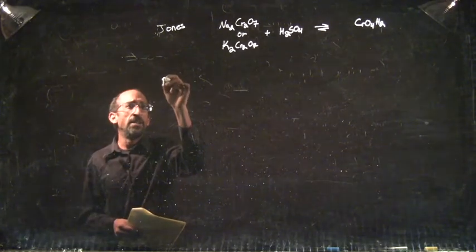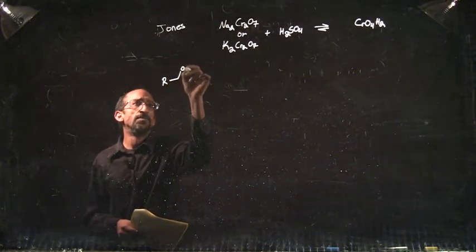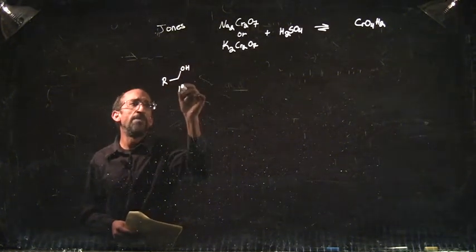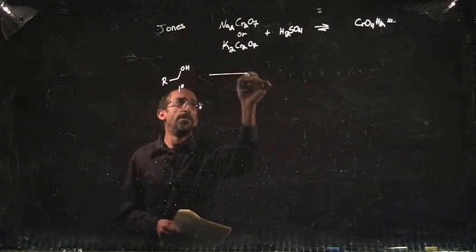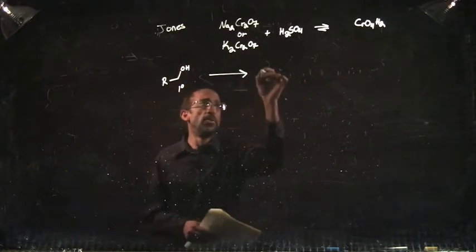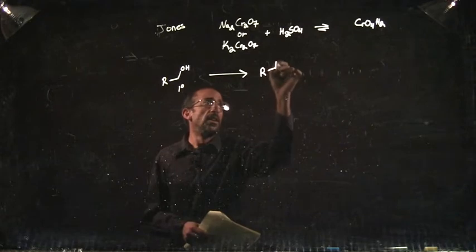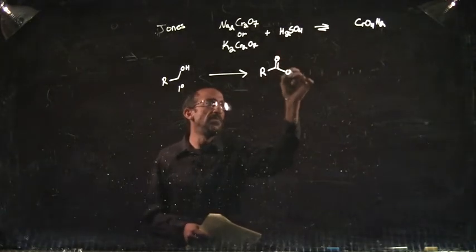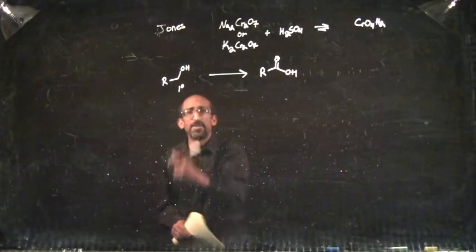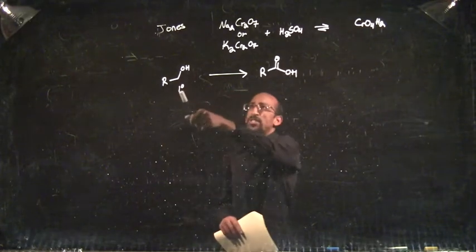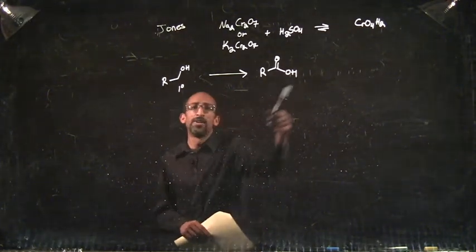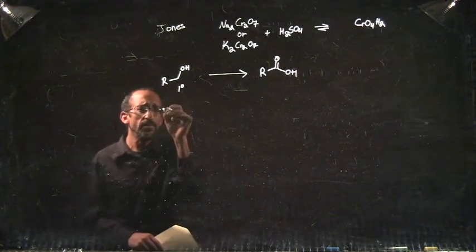So if we have a primary alcohol, under Jones conditions, we will form a carboxylic acid. We can't stop at the aldehyde. This is Jones conditions. We'll take a primary alcohol all the way to the carboxylic acid.